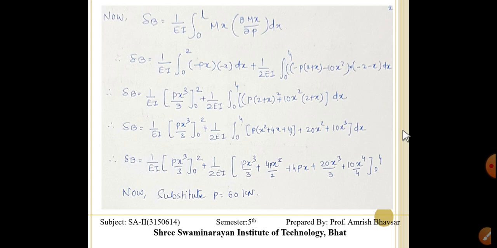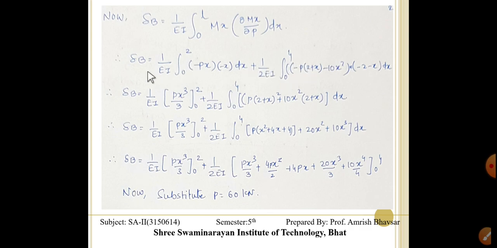Now delta B is equal to 1 upon EI integration 0 to L of Mx into del Mx upon del P into dx. We have to multiply Mx into del Mx upon del P and integrate with respect to x with the limits 0 to 2 and 0 to 4.